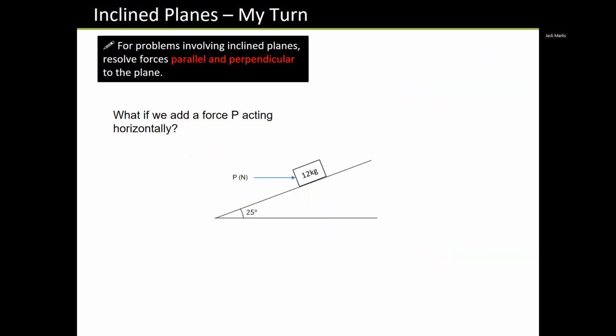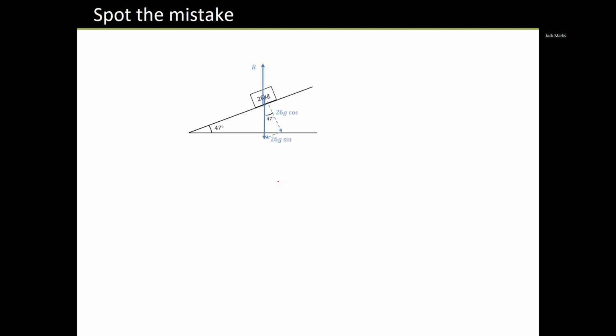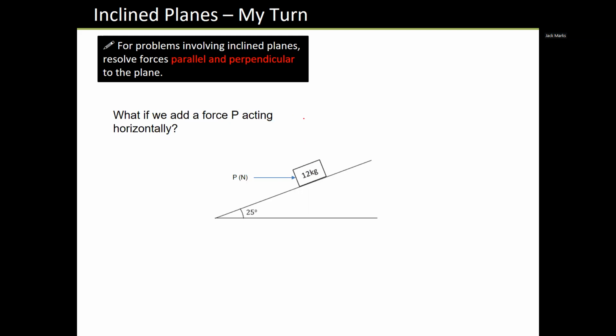Let's do another one. What forces are acting on this block? It's a block again, but there's also this force here, so somebody is pushing the block in this sort of way. What's acting on the block? Well, it would be the reaction and the weight.